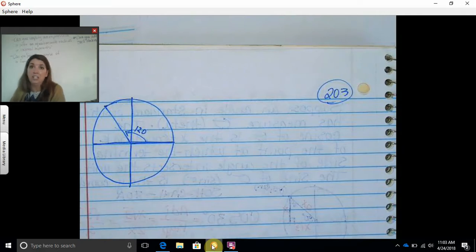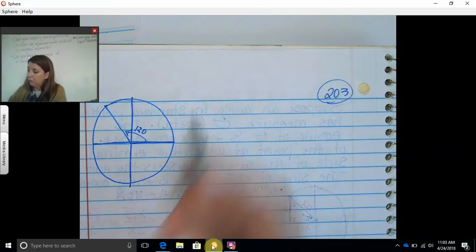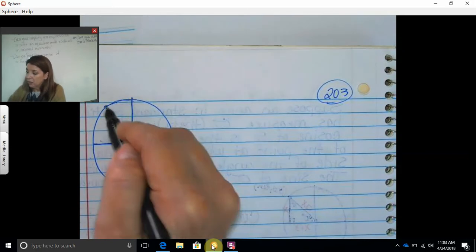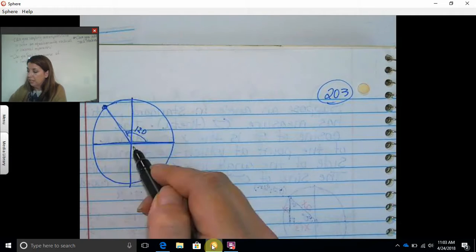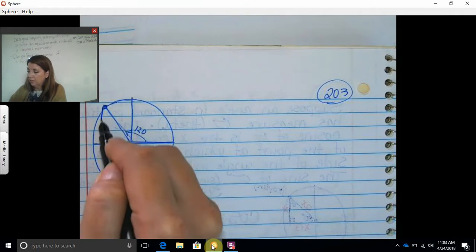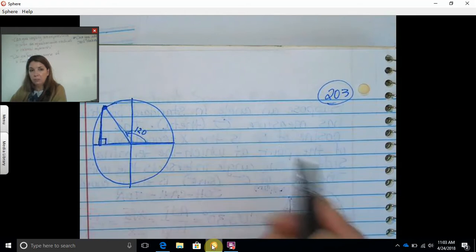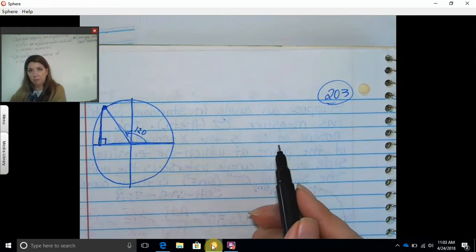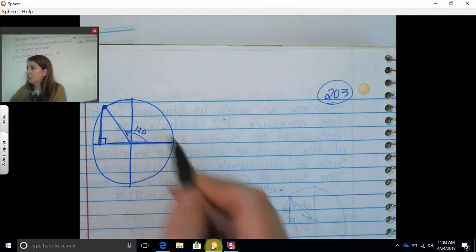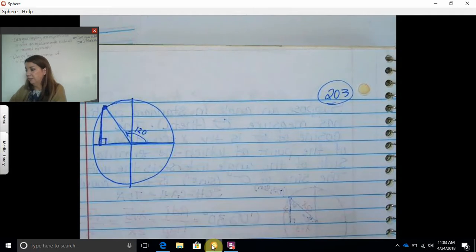Well, you can, but can you have a right triangle with a 120-degree angle in it? No. Okay, well, if we took, here's where we intersect, and we drew a line here to form a 90-degree angle, we could figure it out that way, okay? Because with 120 degrees, we can't get a right triangle out of that.